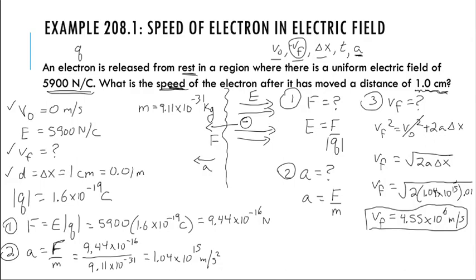However, since the electron would also be traveling to the left, the actual displacement of the electron, the delta x, would have been negative 0.01 meters if we were paying attention to direction. In that case, both negatives would have canceled out. So for this problem, the directions didn't really matter. We would get the same answer either way, whether or not we paid attention to the direction. I just wanted to let you know about that in case you were wondering.